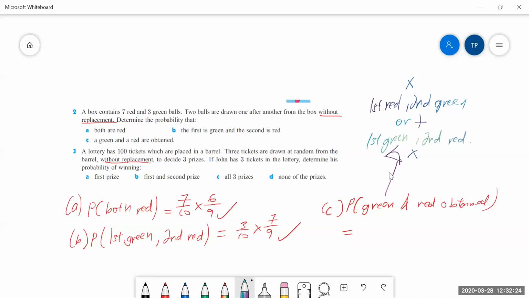So the probability for the first ball red, second ball green is 7/10 times 3/9. Then you just plus those two together. So that's the answer.